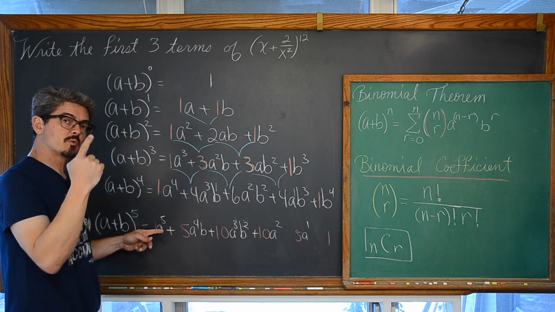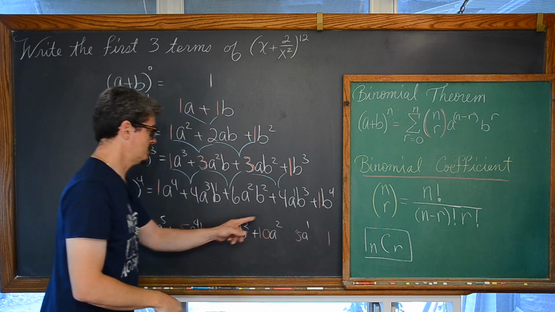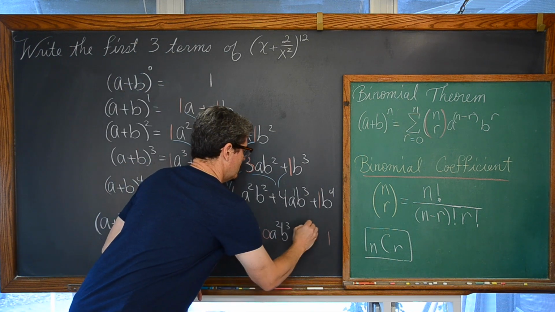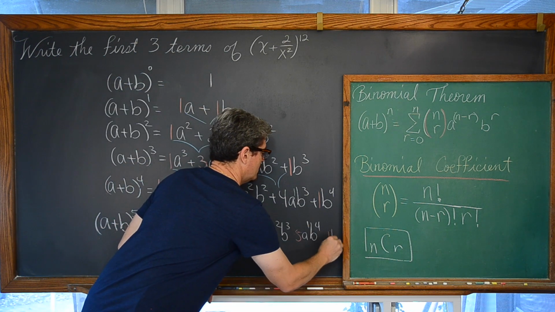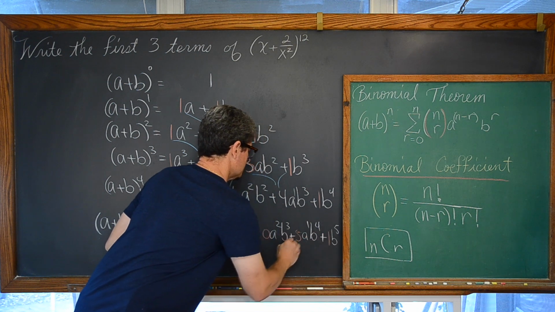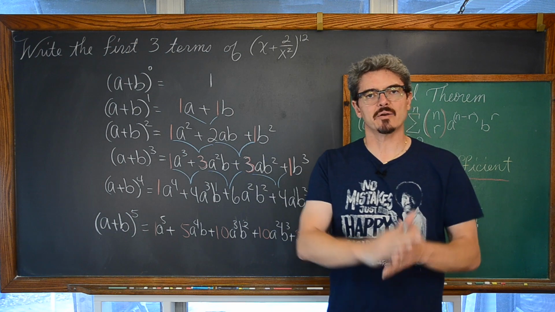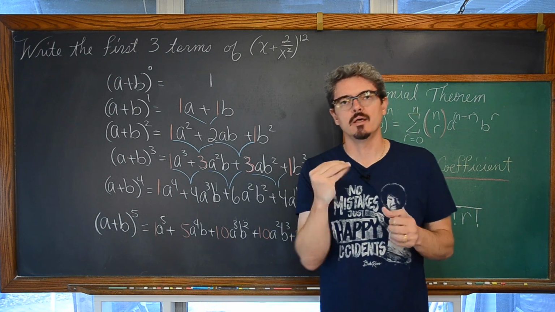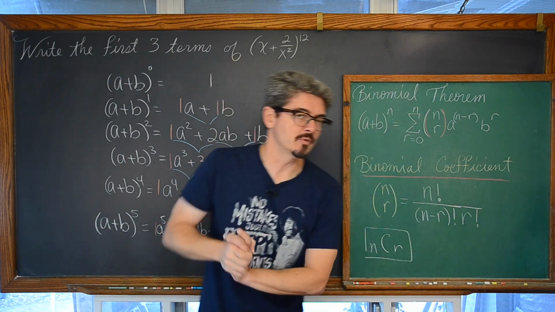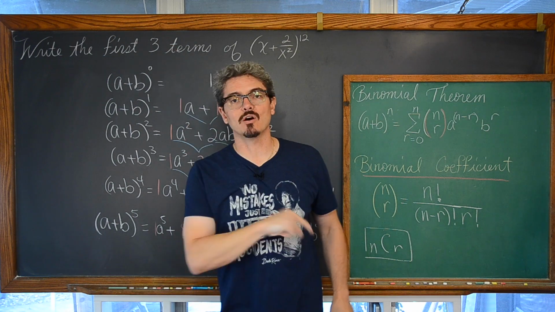The b goes to a power of 0, 1, 2, 3, 4, 5, and this sigma notation creates all those additions. So that's the pattern, that's the magic, that's what's going on behind our binomial theorem. Let's get this cleaned up and do our first example.